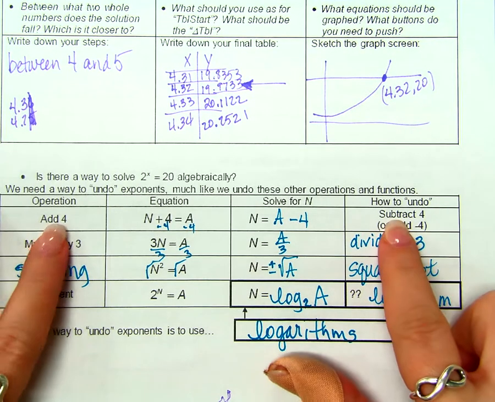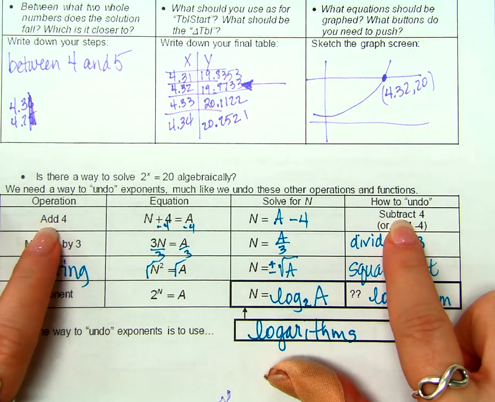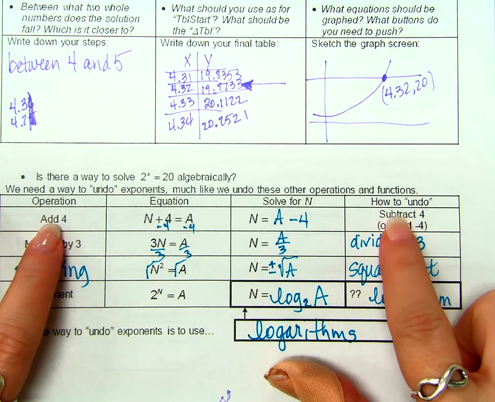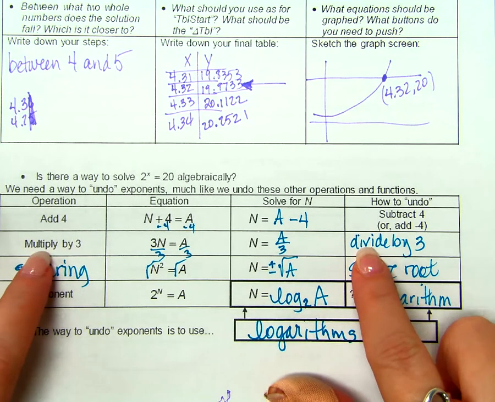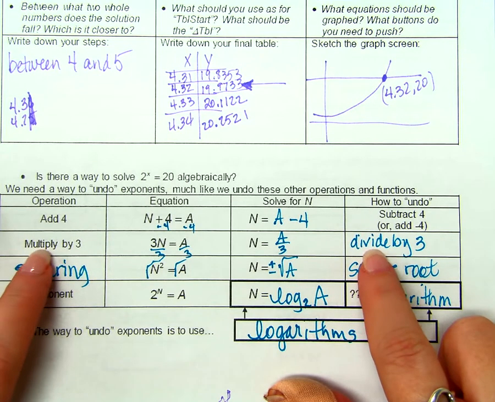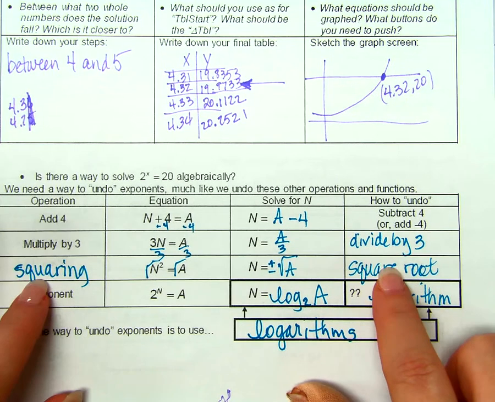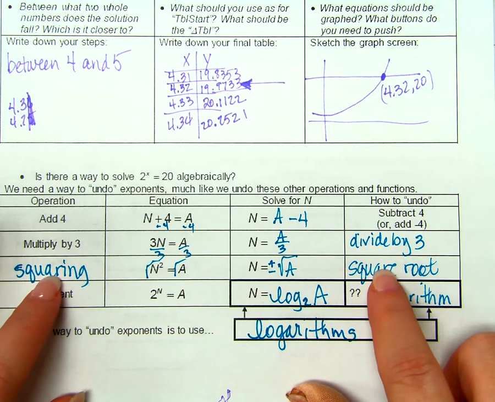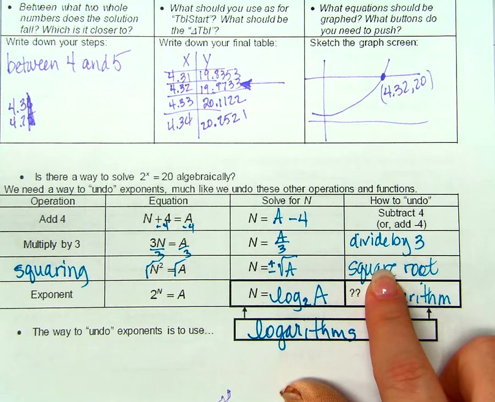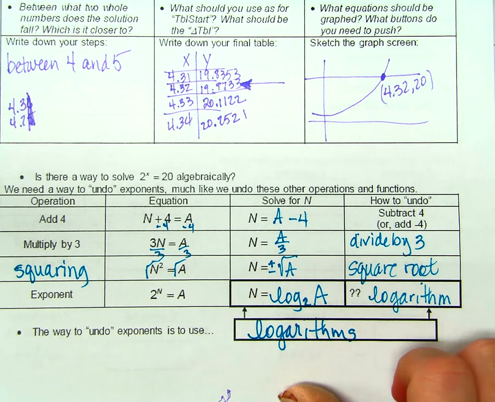How are these two actions related? Adding and subtracting. How are these two actions or operations related? It's one word. What do you think? We did a whole unit on it in the middle of the year.